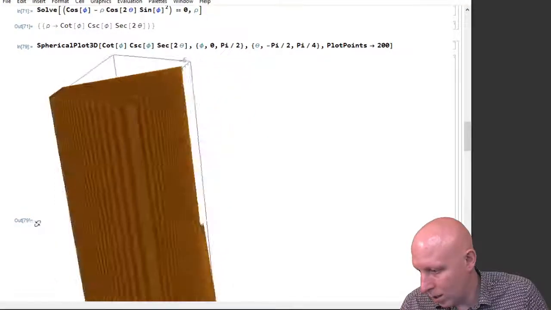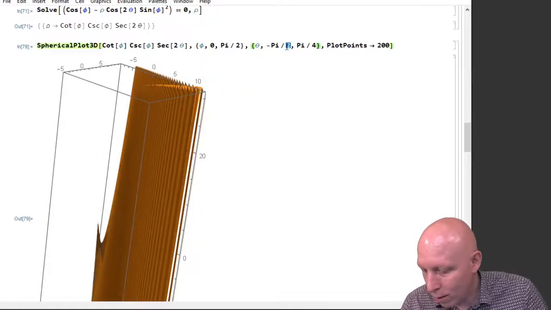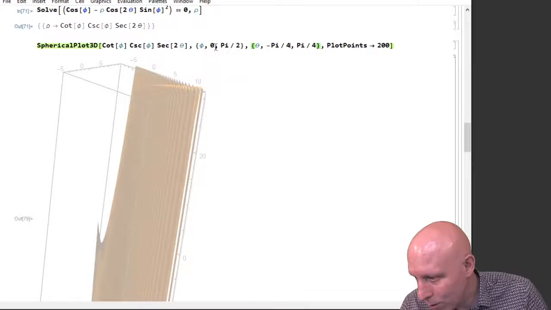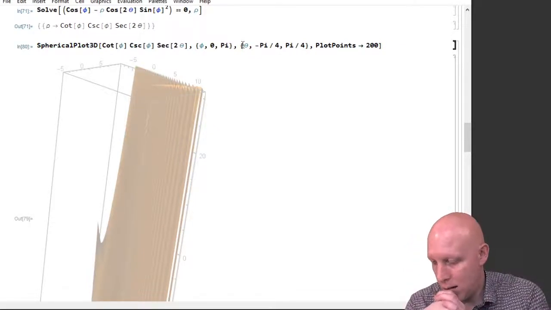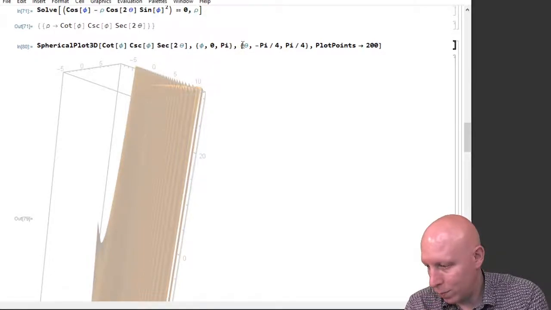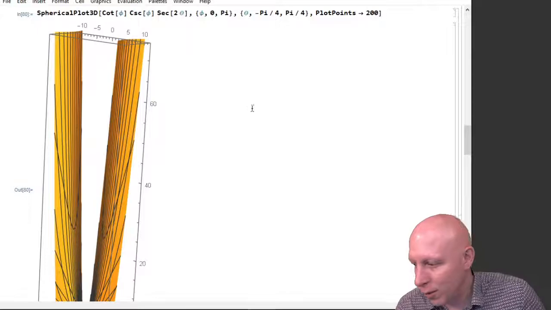And again, you can see the function there, but it doesn't, oh, negative pi over 2. So I want a negative pi over 4, and what if we do the full phi? Let's see if we can get this function working right. So by specifying the values of phi, oh, this is starting to look really, really good.